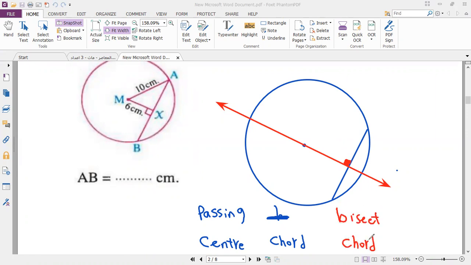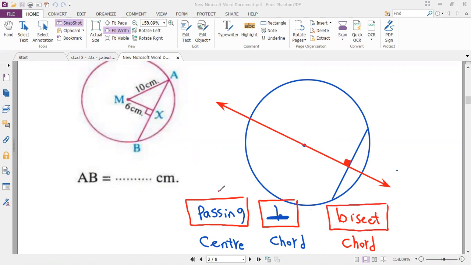So remember 3 words: pass, perpendicular, bisects. If there is a straight line passing through the center of the circle and perpendicular to any chord, we deduce that this straight line bisects this chord here.